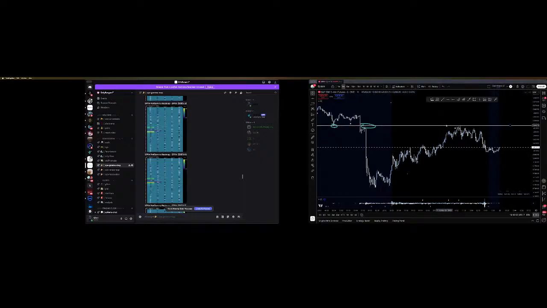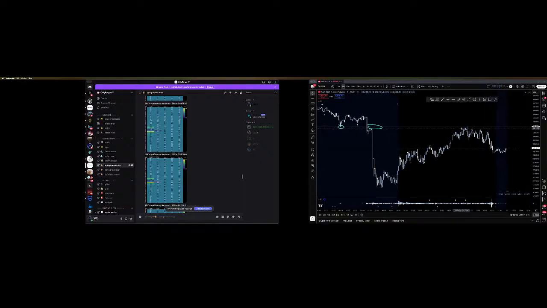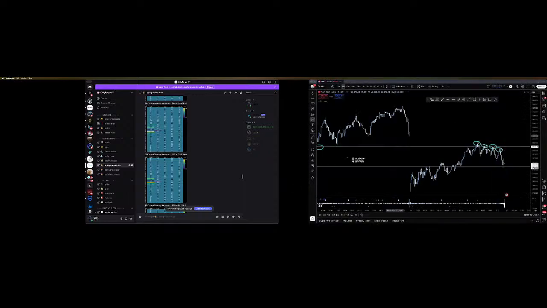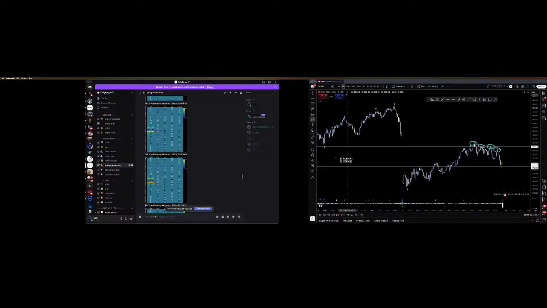All right, so now you all know why I entered here. Earlier when I said I was taking the cheap lottos, I pretty much front ran this rejection because the heat map lined up perfectly. I mentioned that we're going to see 5,800 today. I was very, very confident that this is going to drop to 5,800, and perfect, we dropped here to 5,800.